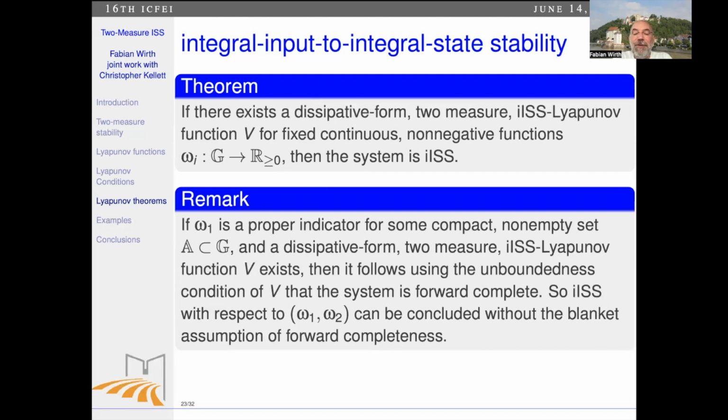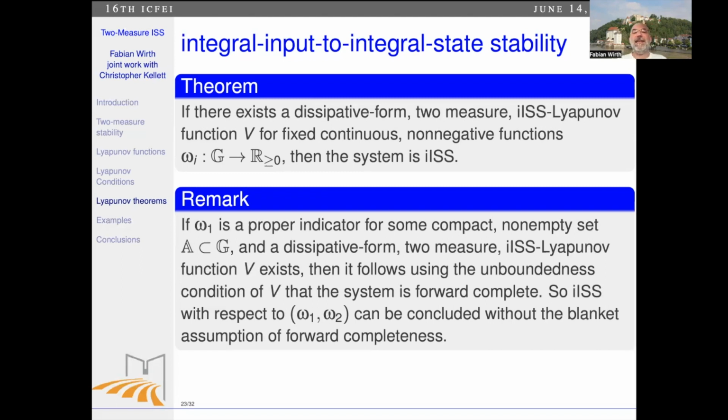And there's a small remark here. I mentioned that I have this blanket assumption that the system is forward complete. Actually, at this stage, that blanket assumption is not really needed.